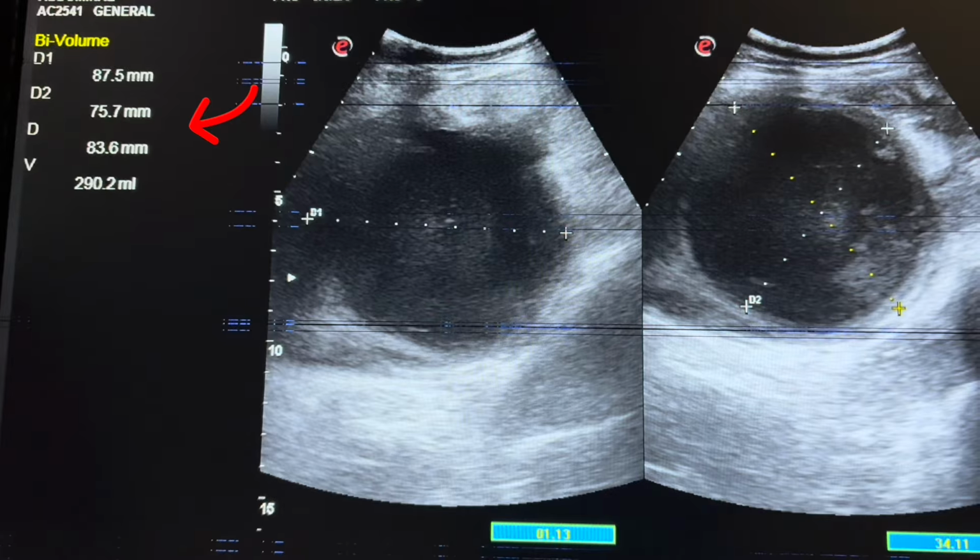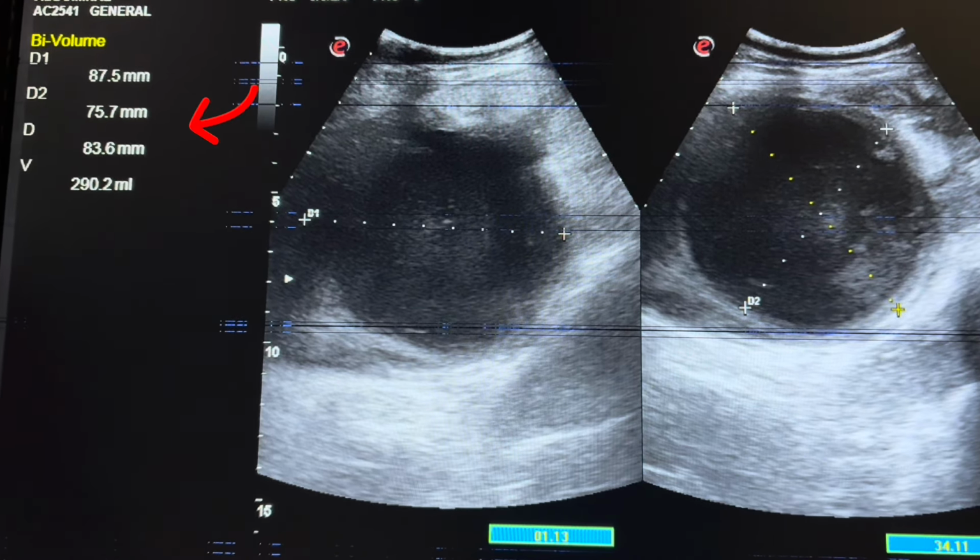The volume of this lesion is 290 milliliters.